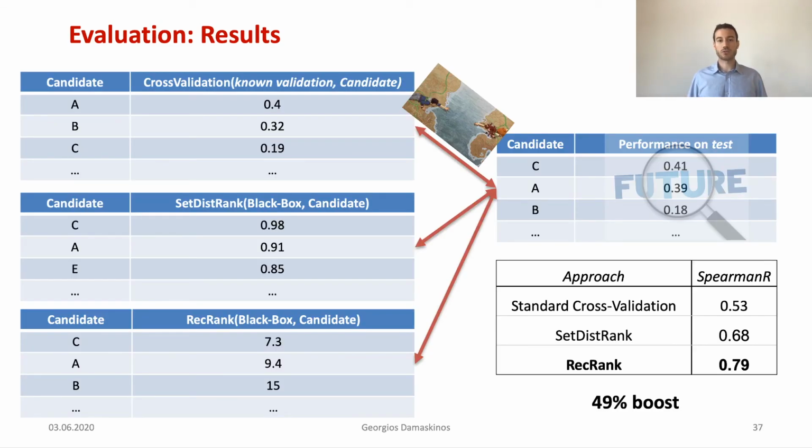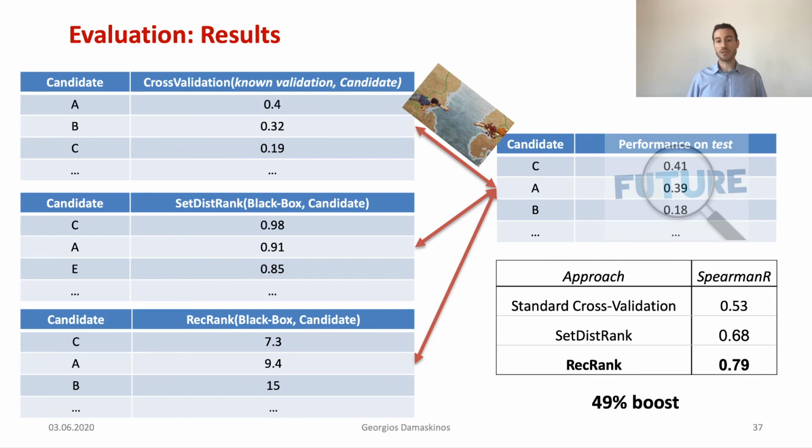So these are the evaluation results. Here we compare the standard cross-validation on the limited known dataset with setDist and RecRank. We compute the Spearman correlation between the output of the ranking, i.e., the output of each method, and the ideal ranking that we would get on the test set. So this is what we want to be similar to. A larger value for the Spearman correlation means we are closer to the ideal, to the future ranking, and thus better.